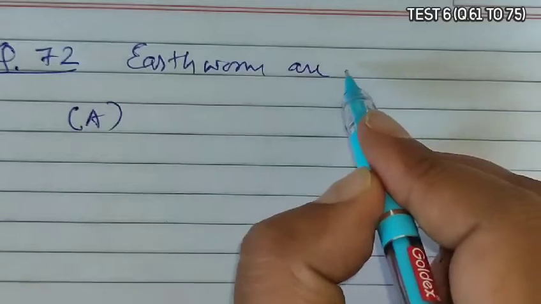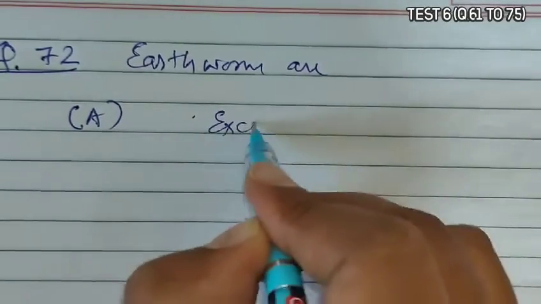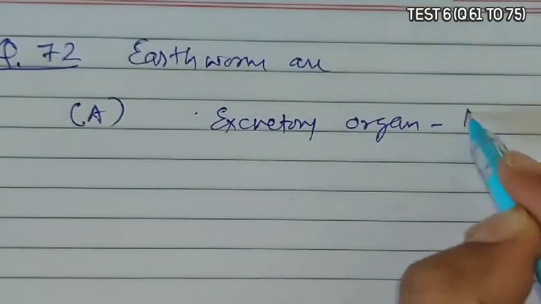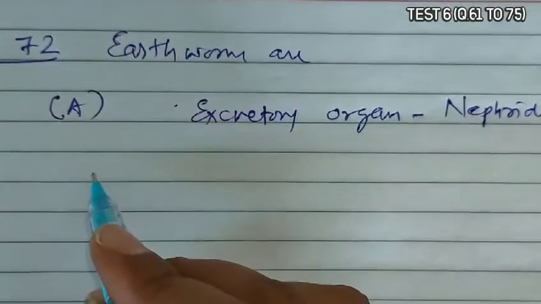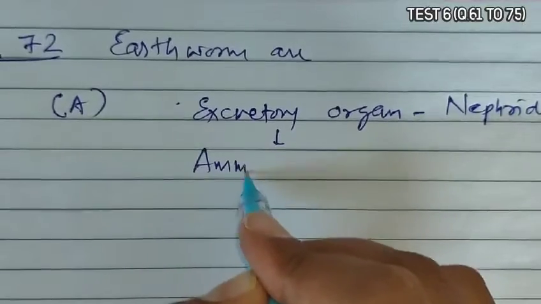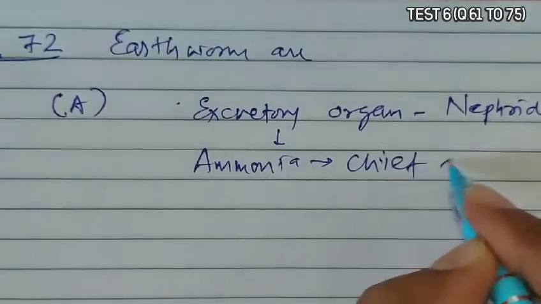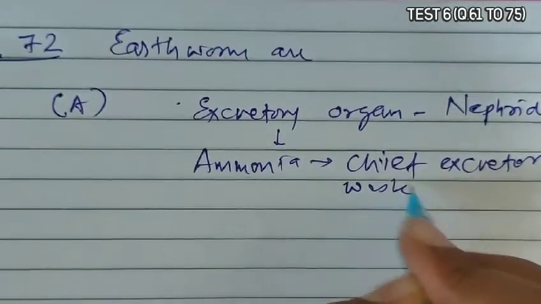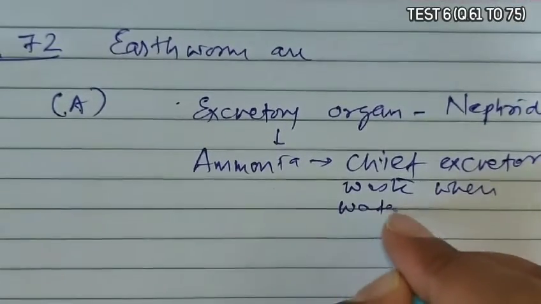Actually, if we talk about earthworm, it has excretory organ, that is nephridia, and here ammonia is the chief excretory waste when water is available.